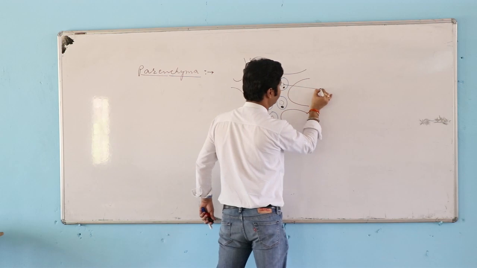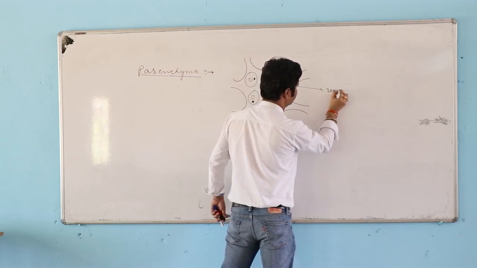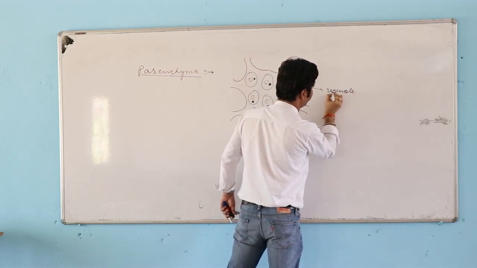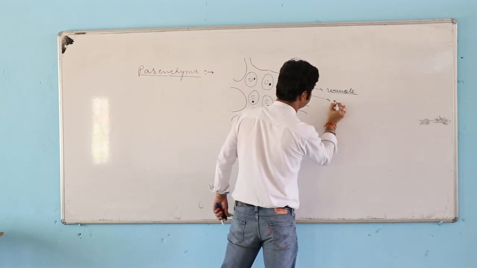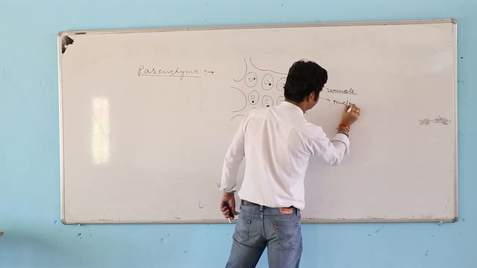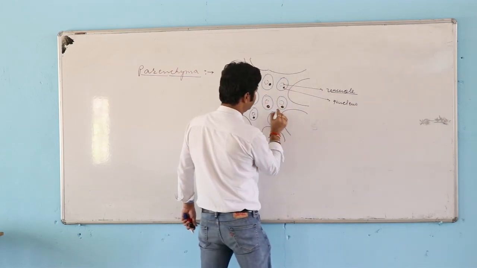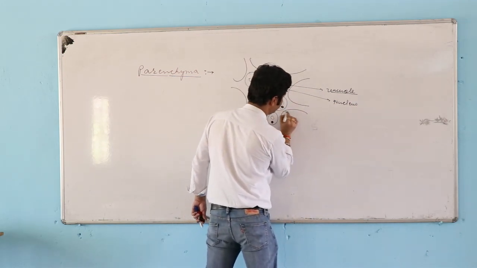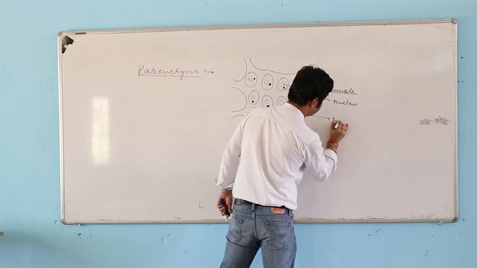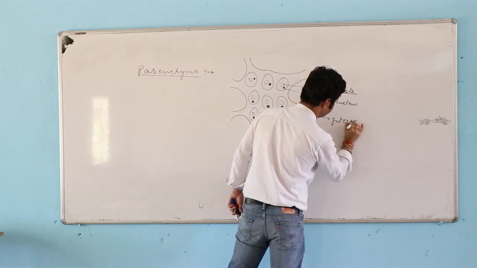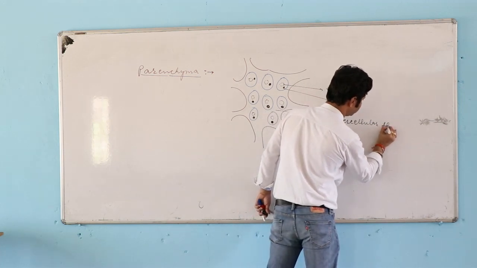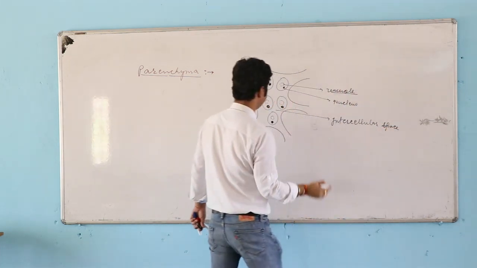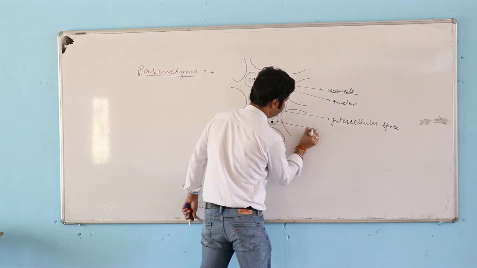It is a central vacuole. This one is a nucleus. It is an intercellular space. Cell.